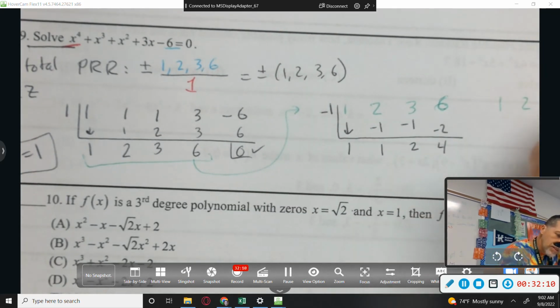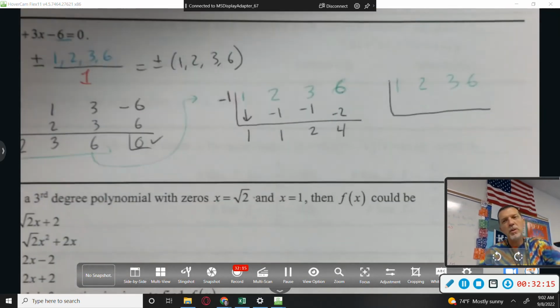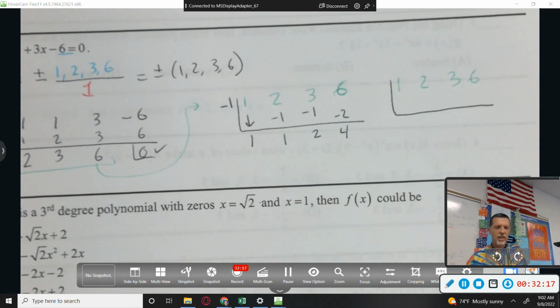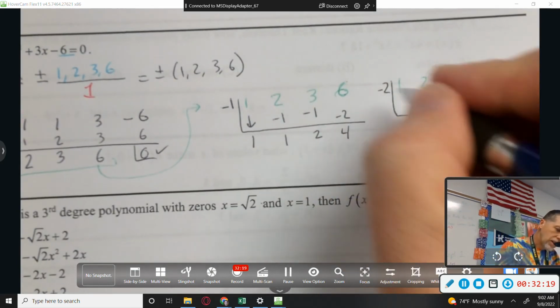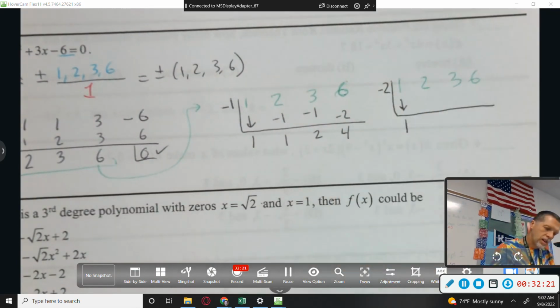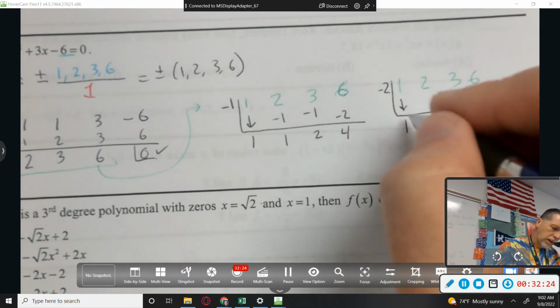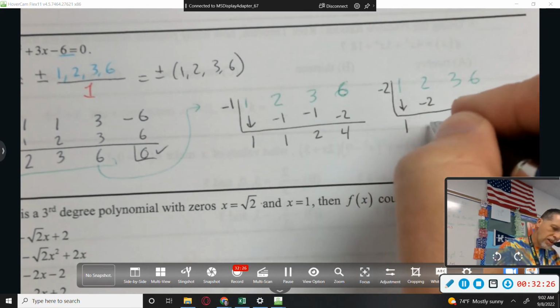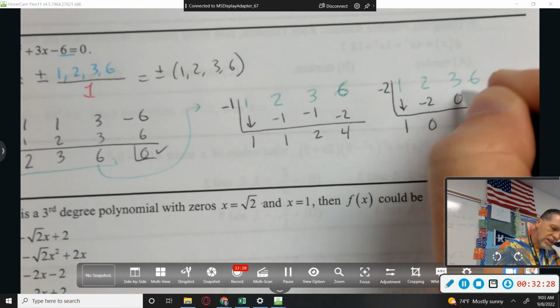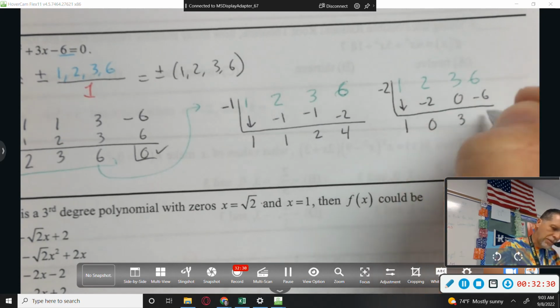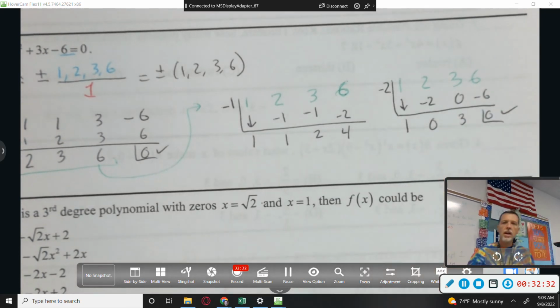So back to, not all the way to the original, but back to the depressed coefficients. Let's try negative 2. Bring down the 1, multiply, add, a lot of zeros. But that worked out. Be careful, that's all good work, but you haven't really told me that x equals negative 2 is a 0 yet.